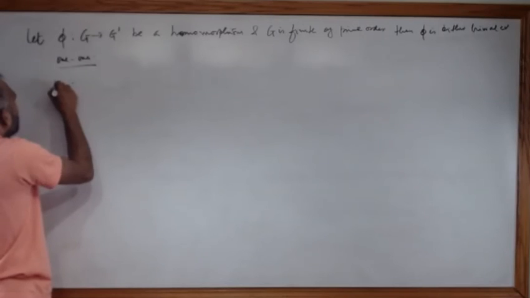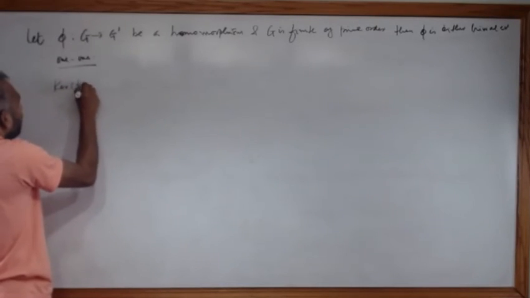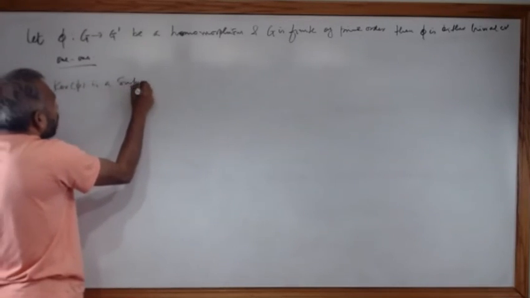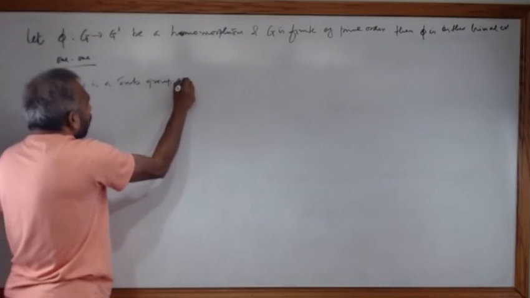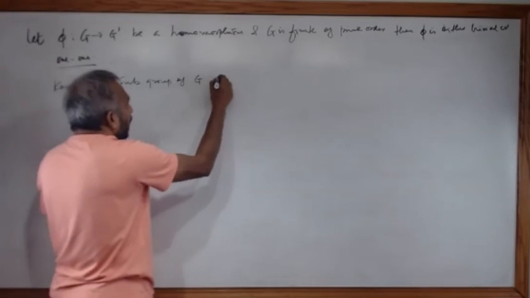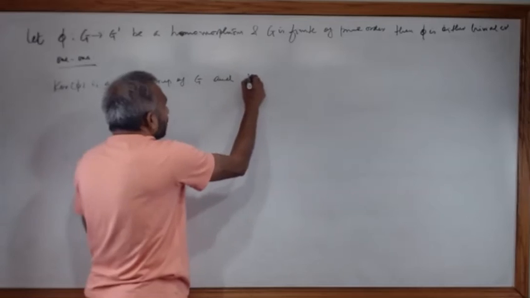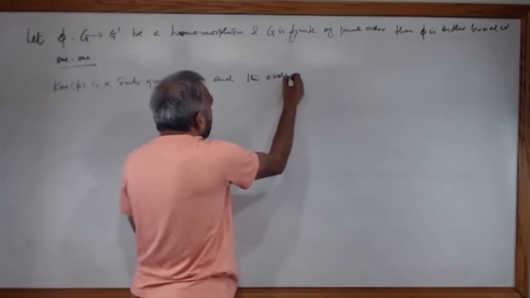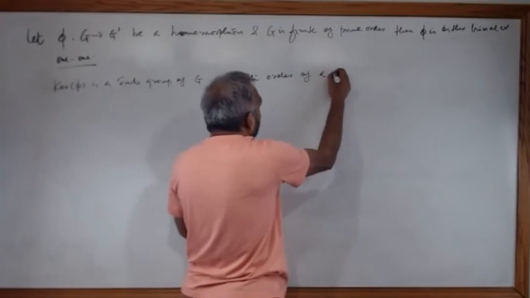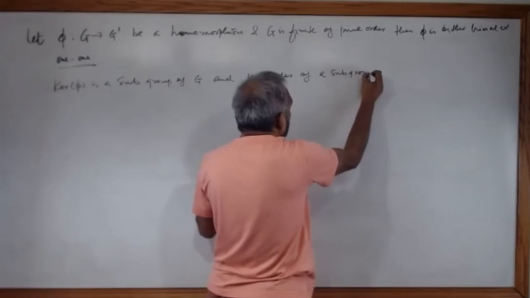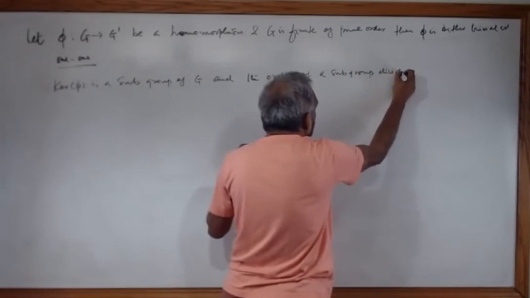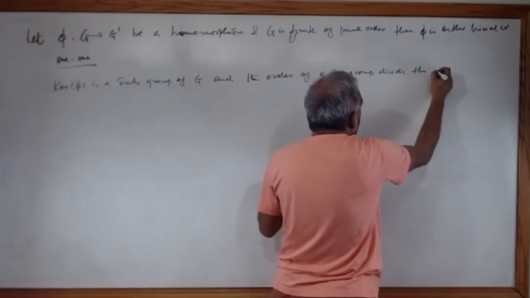So we know that the kernel of phi is a subgroup of G, and the order of a subgroup divides the order of the group.